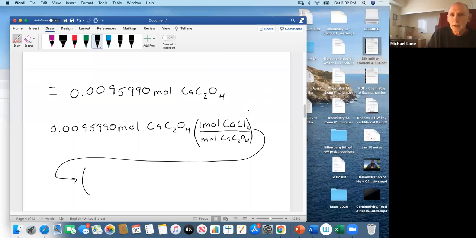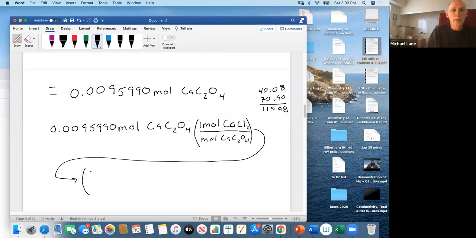There are the molecular weight of calcium chloride. Calcium, gotta look that up: 40.08. The chlorine is 35.45 times 2, 70.90, for a total of 110.98.